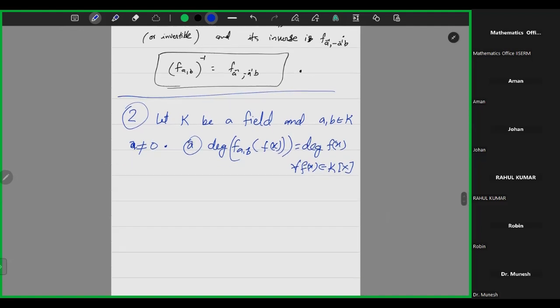It says that every irreducible polynomial through FAB, where FAB is the morphism in the first question, goes to an irreducible polynomial.